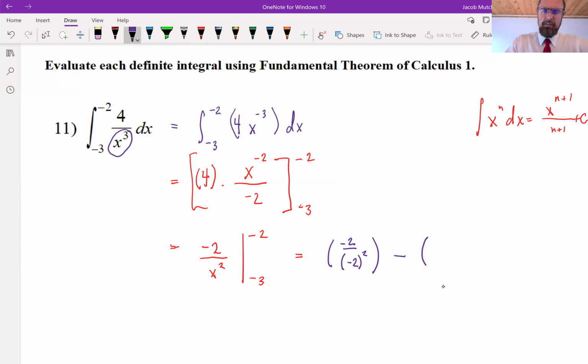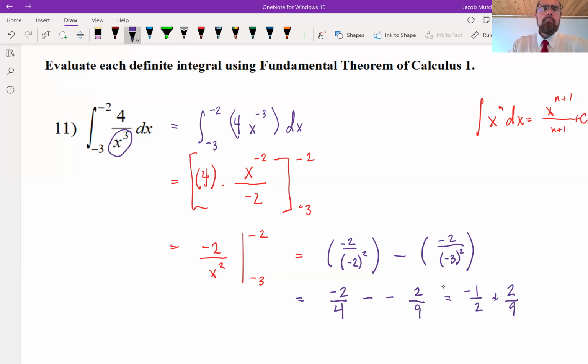So my f at a is going to be negative 2 over negative 3 squared. So that's my numerical representation. I just need to simplify that. So that's going to be negative 2 over 4 minus negative 2 over 9, which ultimately is going to reduce down to negative half plus 2 over 9.